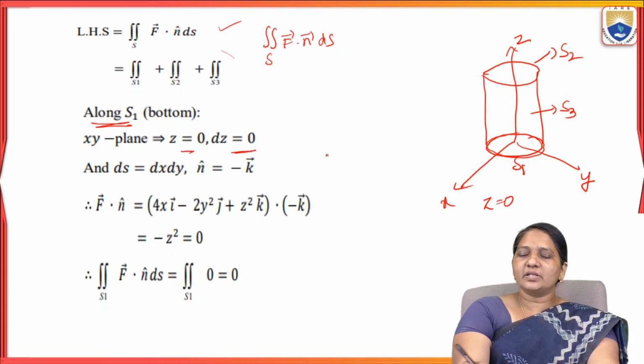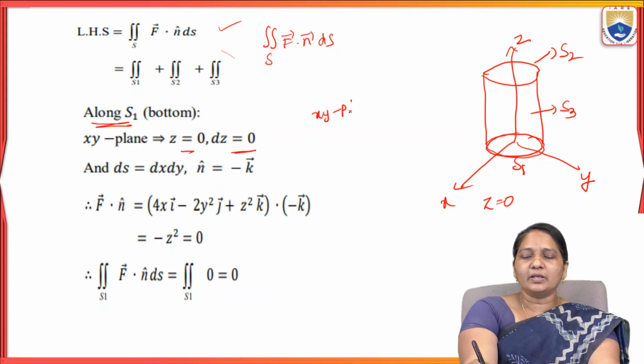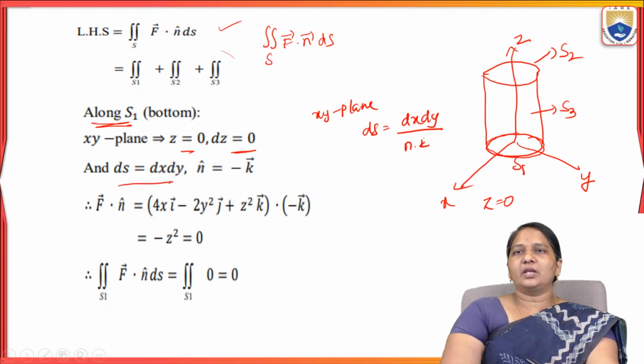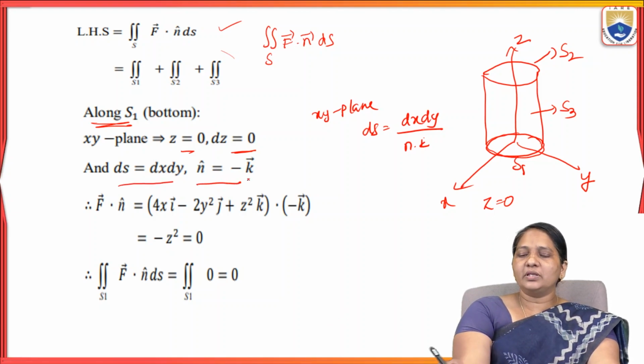When considering the xy plane, ds is dx dy by n dot k. So ds is dx dy, and for n bar, the upper value we take as k bar and the bottom as minus k. So n bar equals minus k.